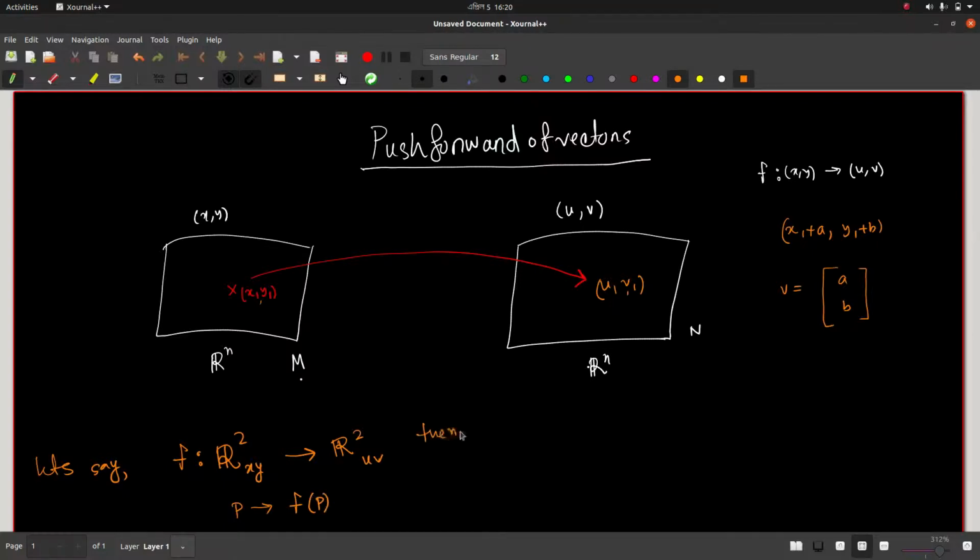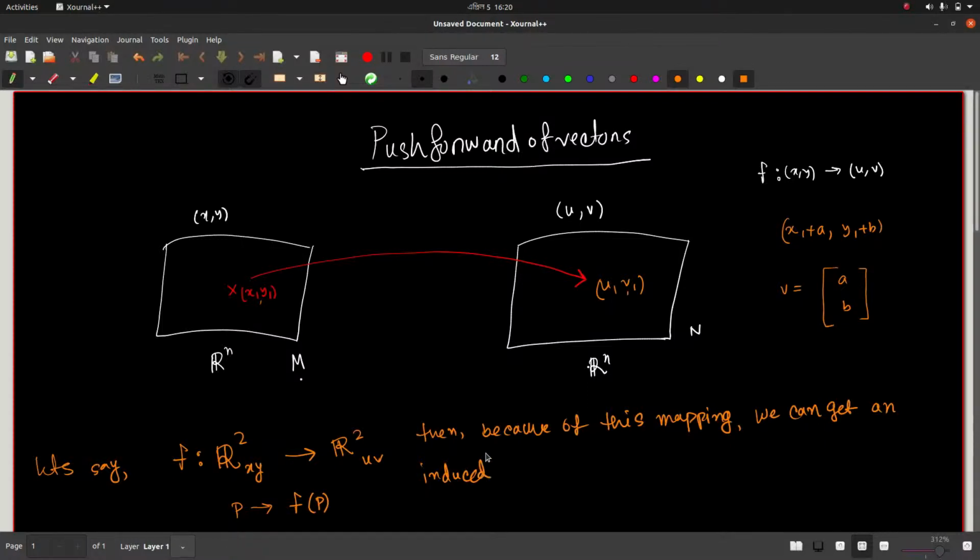Then, because of this mapping, we have, or we can get, an induced mapping on the tangent bundle as well. And it will be clear in a moment why we are getting an induced mapping on the tangent bundle.